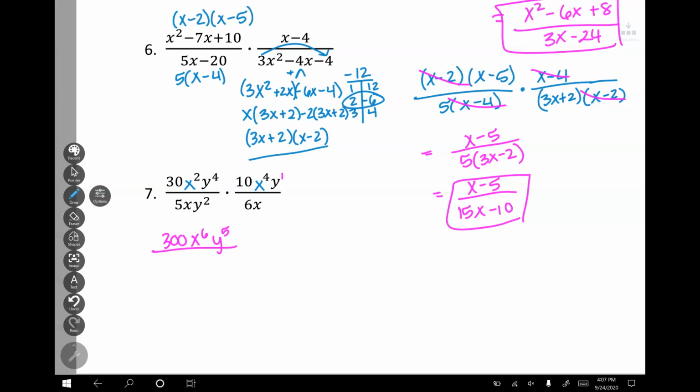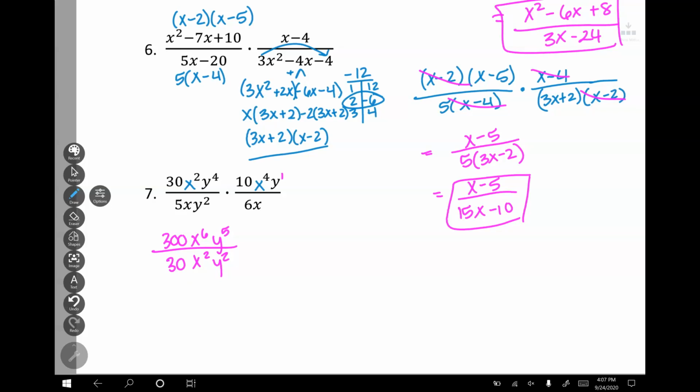Same thing in the denominator, so multiplying 5 times 6, I get 30 x squared y squared. So I think that's a little bit easier than actually like factoring all of these numbers and then canceling, because now we can just simplify this one rational expression.